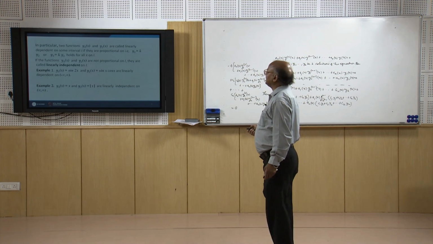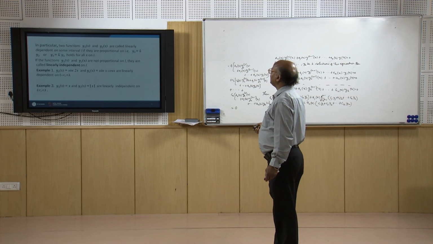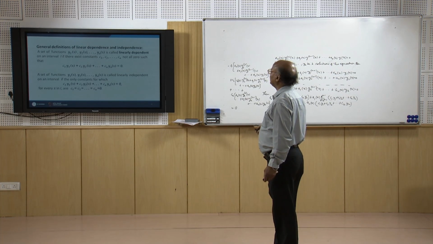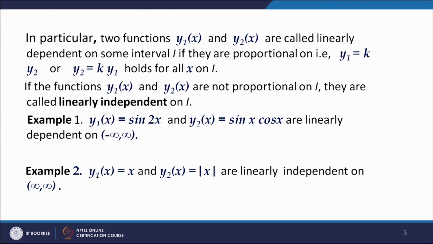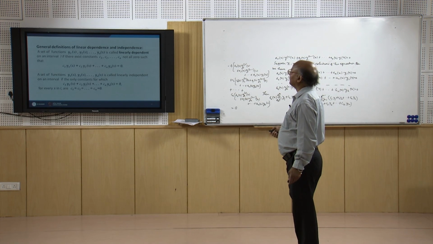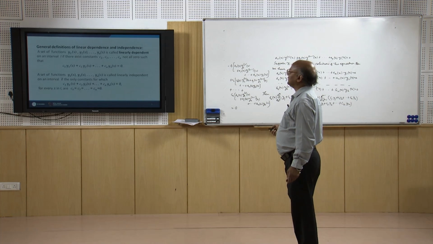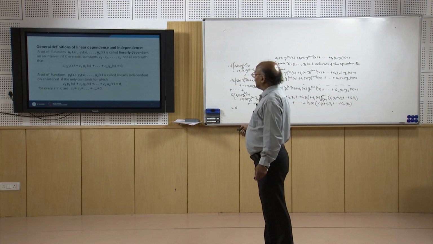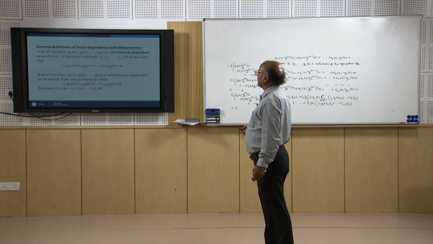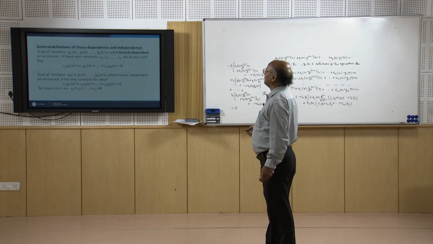Now let us see how we can check the linear dependence or independence of functions. From the definition of linear dependence it follows that if you take n equal to 2, that means two functions φ1(x) and φ2(x), then they will be linearly dependent provided c1φ1 + c2φ2 equals 0, where c1 and c2 are both not 0. That means at least one of them is non-zero.